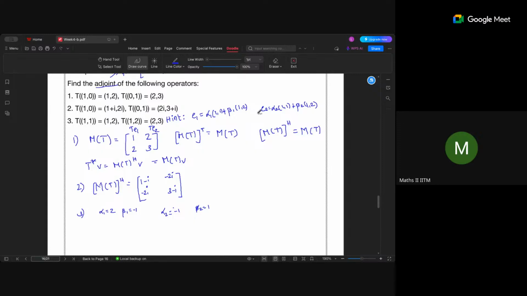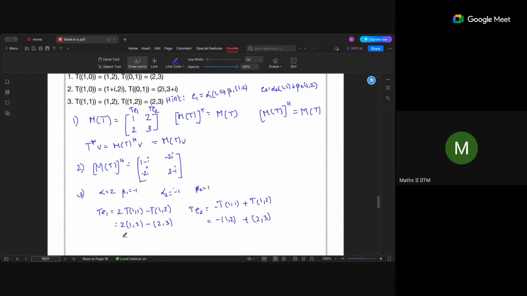So now you know the coefficients. Now what is Te1? Te1 is 2 times T of (1,1) minus 1 times T of (1,2), and Te2 is minus T of (1,1) plus T of (1,2), correct? T of (1,1) is (1,2), and T of (1,2) is (2,3).